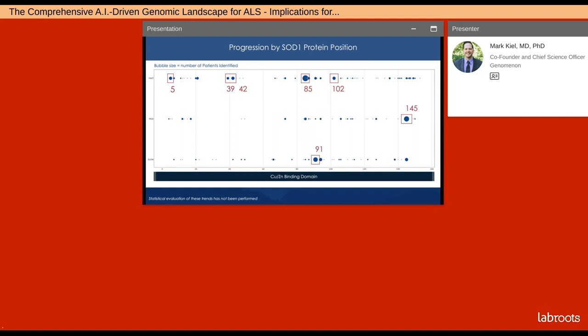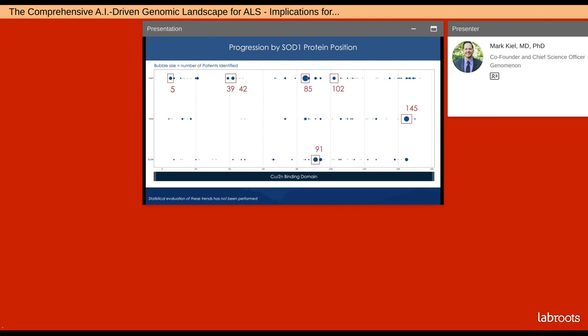In contrast, patients with a mutation at the 91st position in SOD1 have a slower course, with a significant number of patients demonstrating that trend. And so again, without going into any biochemical details, this may suggest that different variants in the SOD1 protein confer different functional effects.